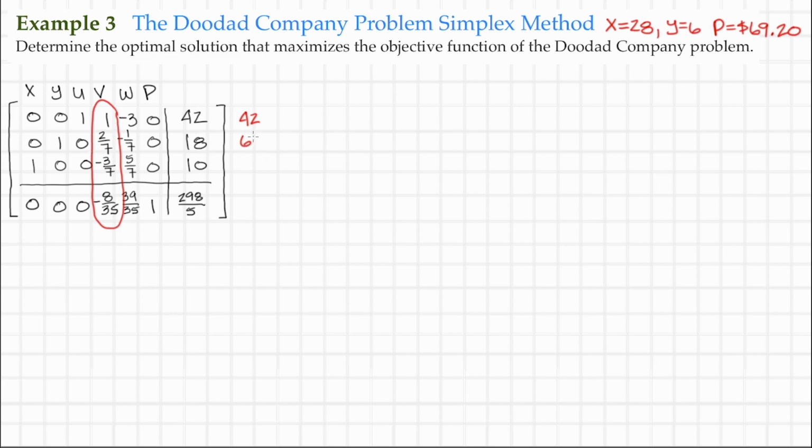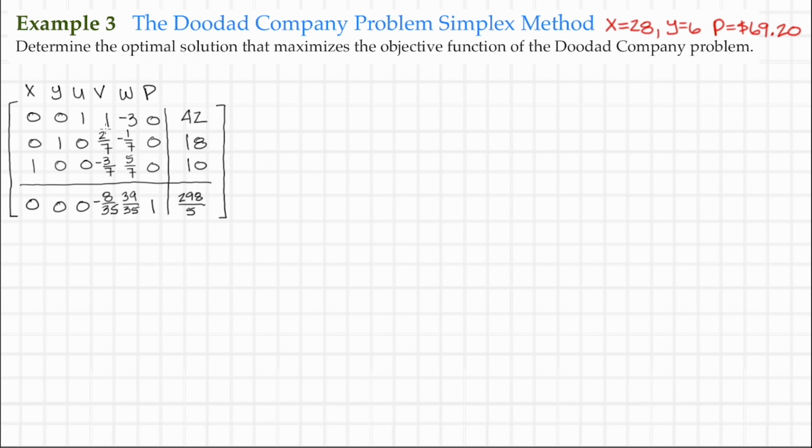That's 63. And of course, we want the pivot row to be the one with the smallest ratio. And of course, that'll be this one right here, where the pivot column and the pivot row intersect. That becomes our pivot element right here. So it'll be 1. So now we continue with our row operations.